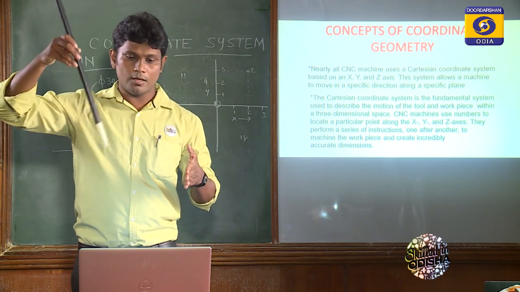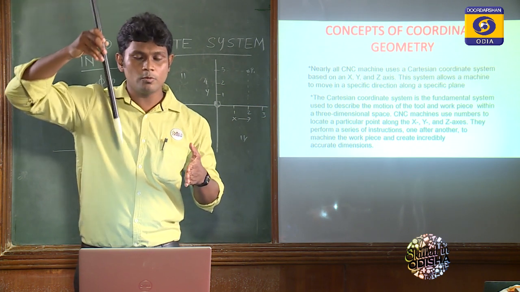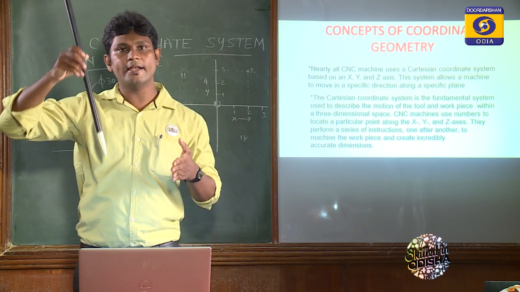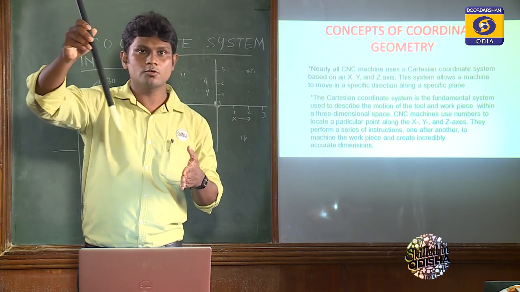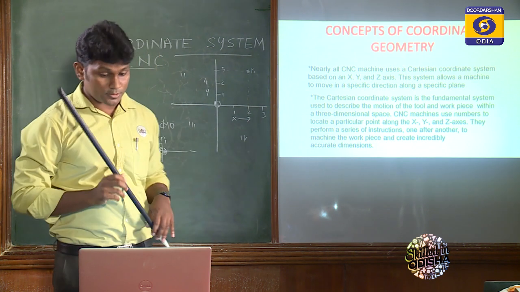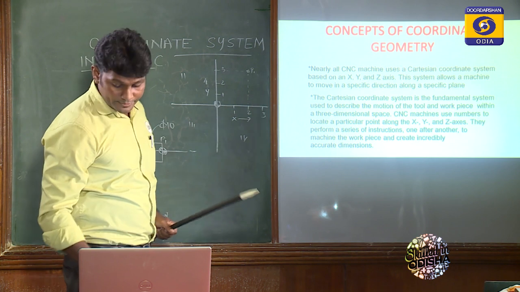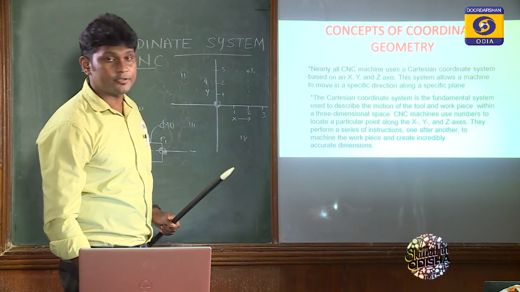That means in which direction the tool will move and which location the tool will cover, so that our required cutting or machining operation will be carried out. So in order to create the part program, our fundamental requirement is to be clear about coordinate geometry, that means the Cartesian coordinate system.